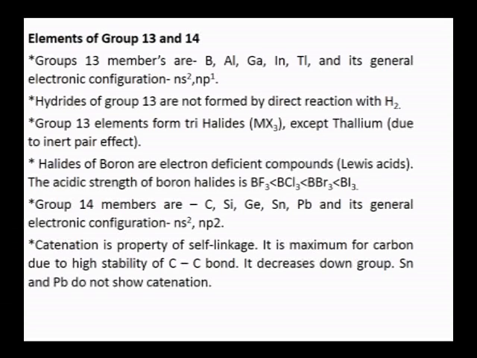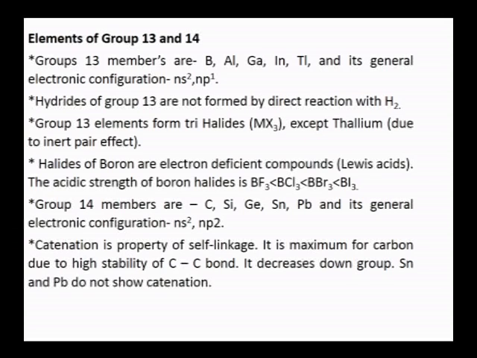The hydrides of group 13 are normally not formed by direct reaction with H2. Group 13 elements form trihalides except thallium, and halides of boron are electron deficient compounds. They are formed with an inadequate number of electrons, and hence they act as Lewis acids.